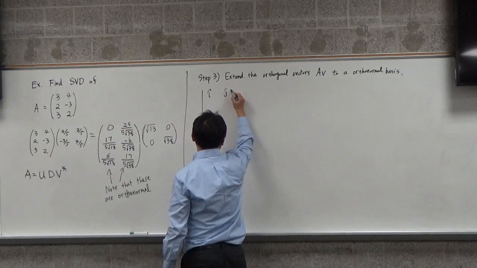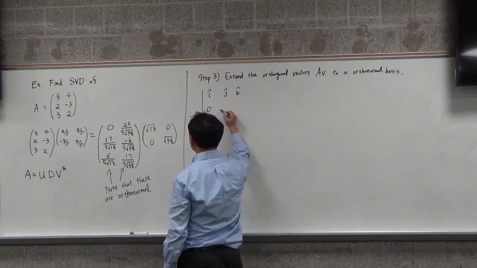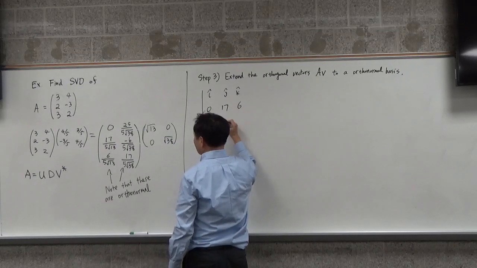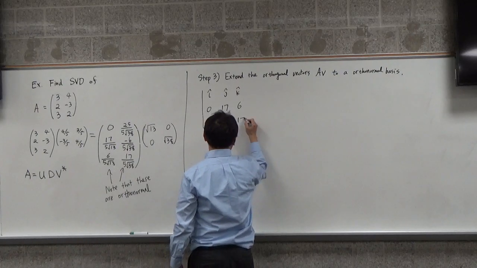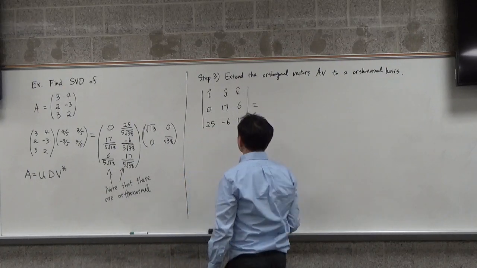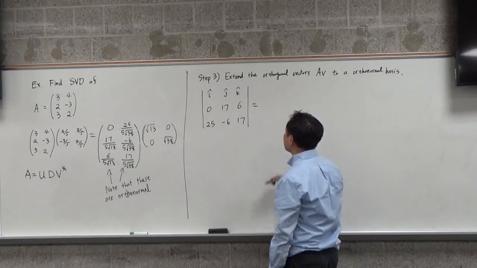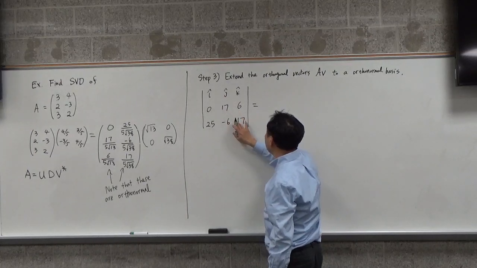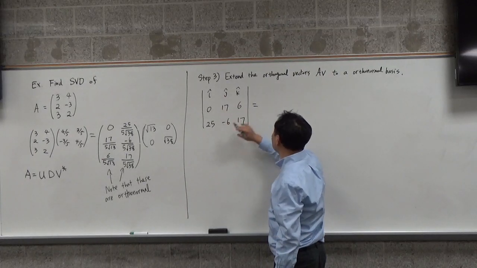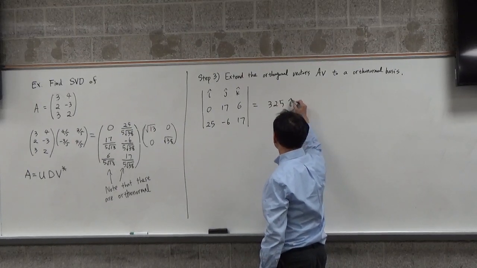So i, j, k, and you have 0, 17, 6, and then 25, negative 6, 17. And then that gives you i times 289 plus 36, which is 325, i.